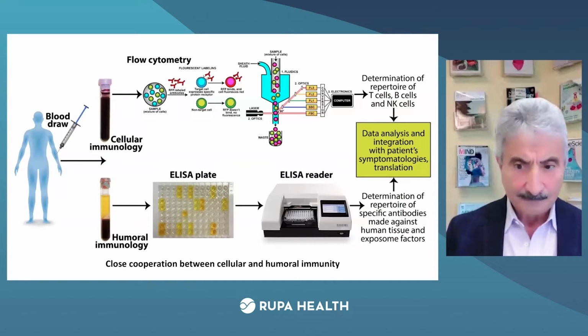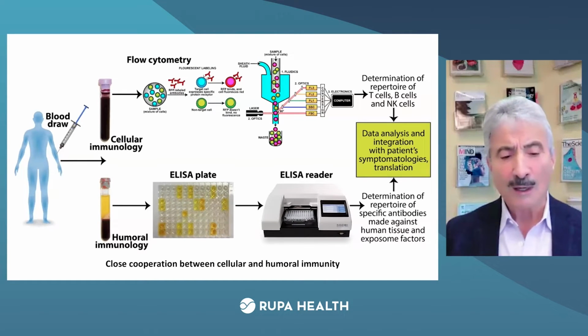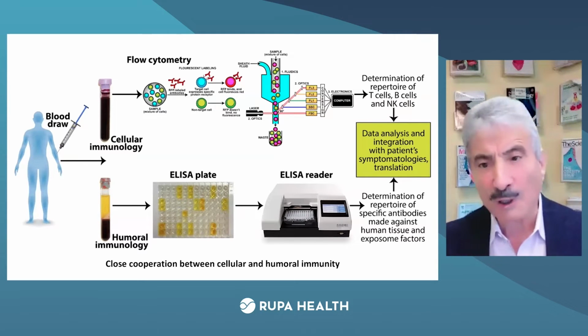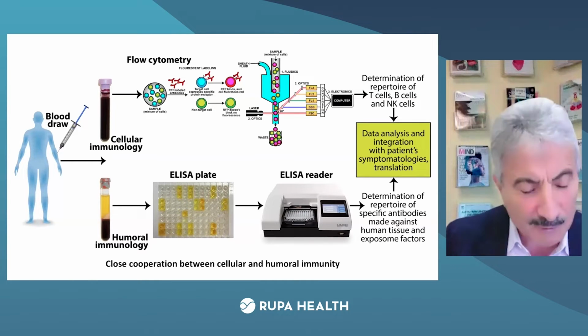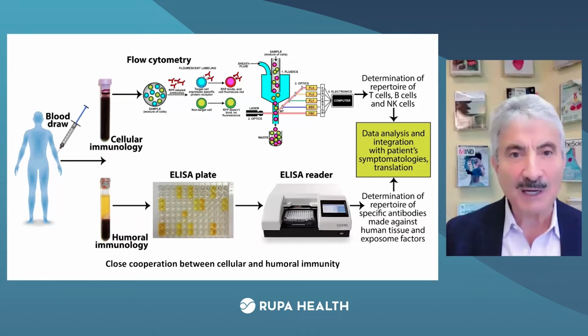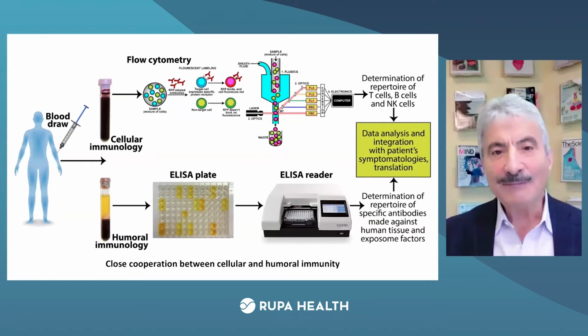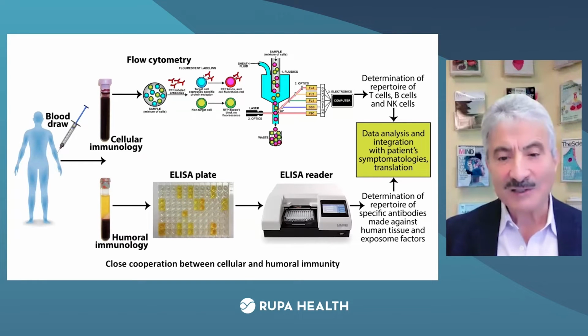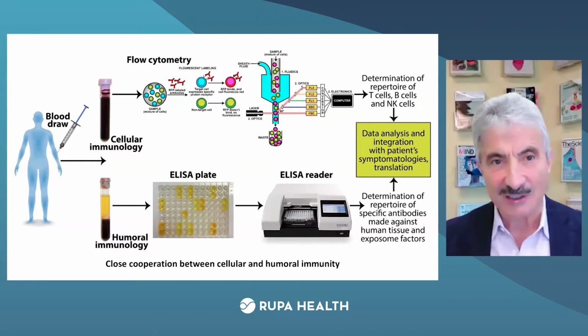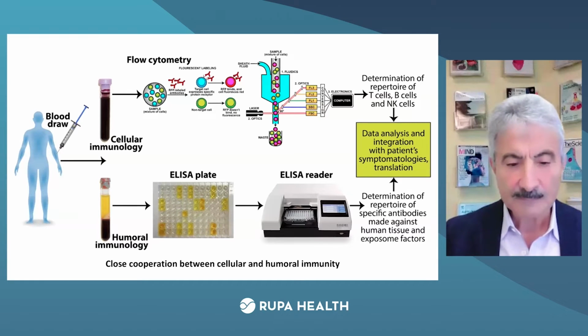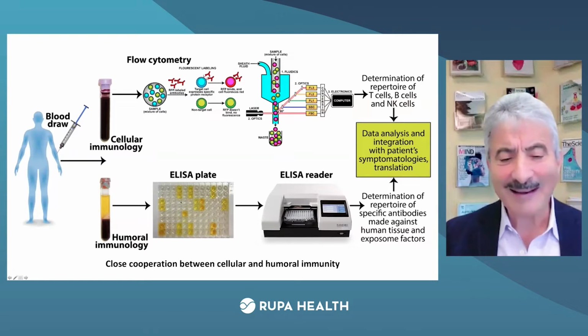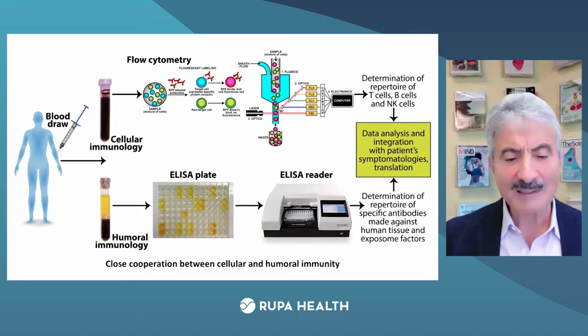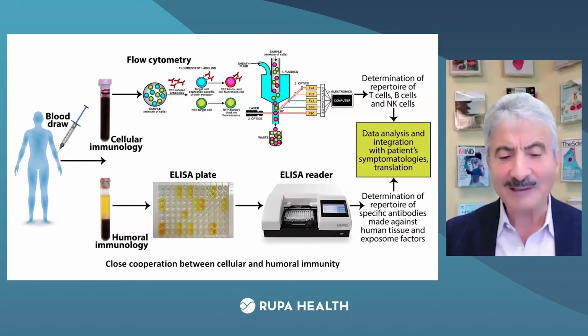Clinically speaking, we need to look at both humoral and cell-mediated immunity. Humoral meaning measuring different factors in the blood, such as antibodies, antigens, cytokines, using the gold standard method called ELISA, where, for example, in this 96-well plate, we can test about 40 duplicate samples for a certain antibody.